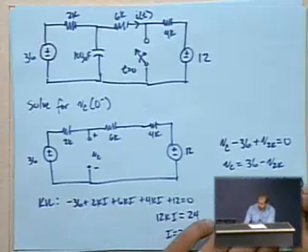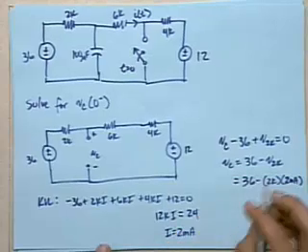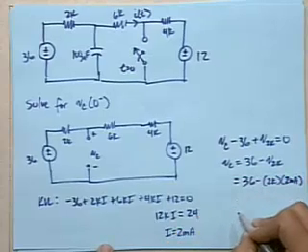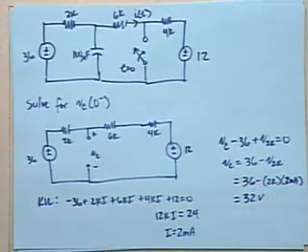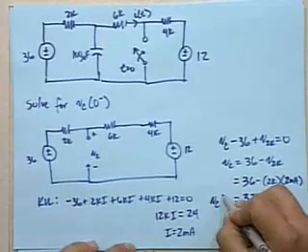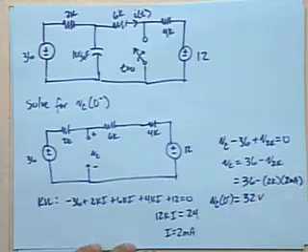We can stick that up here. We got 2 milliamps of current, so 36 minus 4 gives us 32 volts. So again, that is the voltage across the capacitor just before the switch is thrown, or at time 0 minus.